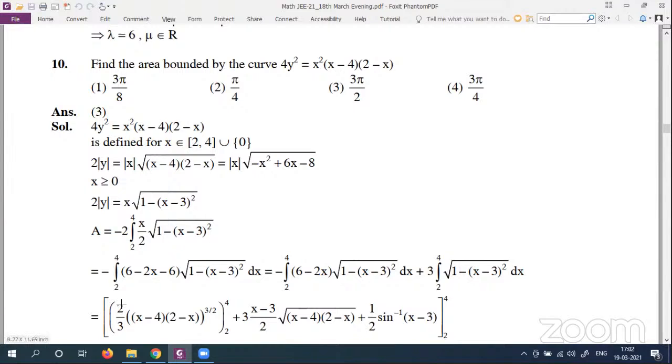Now we are trying to convert this into the form of the formulas that we are having. Right? So area will become 2 times, because having y square, it will be symmetric about x axis, and the other half will be below.